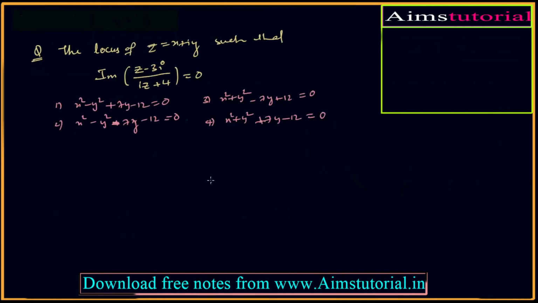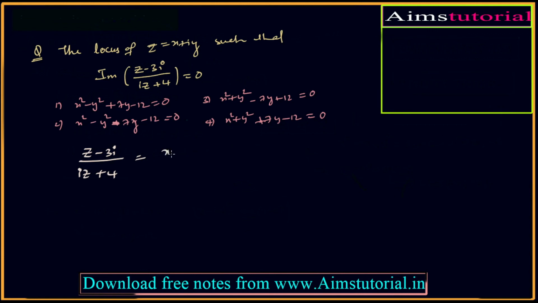Now the locus problem: the locus of z equals x plus iy such that the imaginary part of (z minus 3i) by (iz plus 4) equals 0. So first find the value of (z minus 3i) by (iz plus 4).